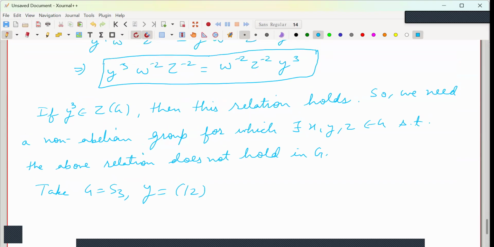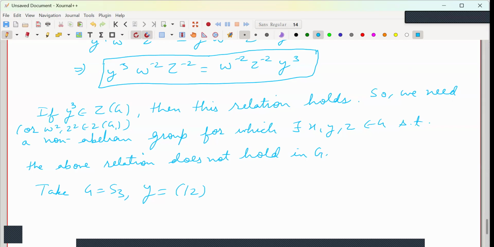And again, if w and z both are inside the center, then also this won't help us. Or if w square and z square both are inside the center, then also we have a problem.